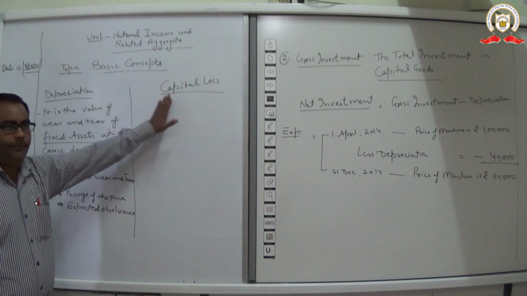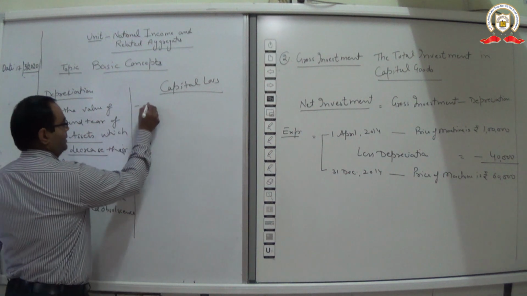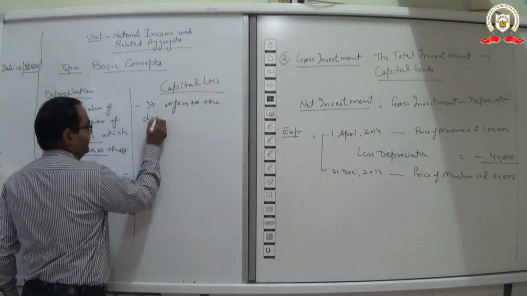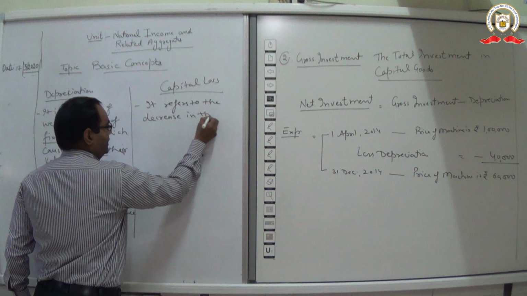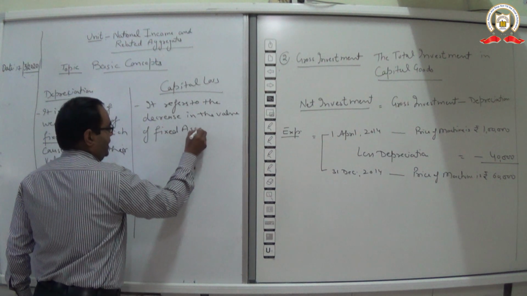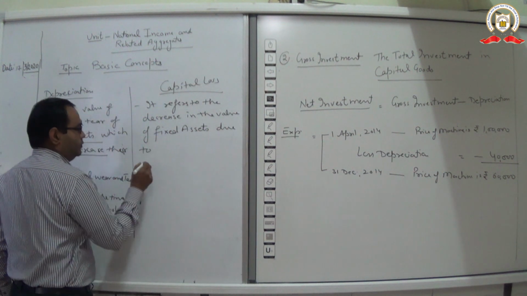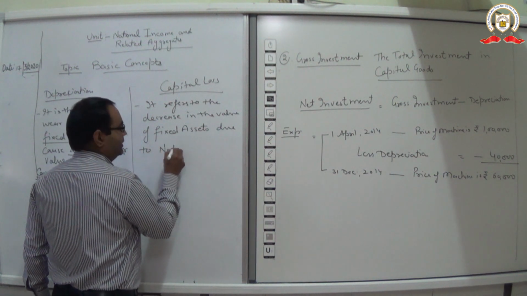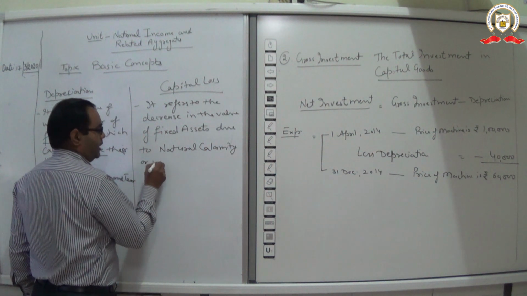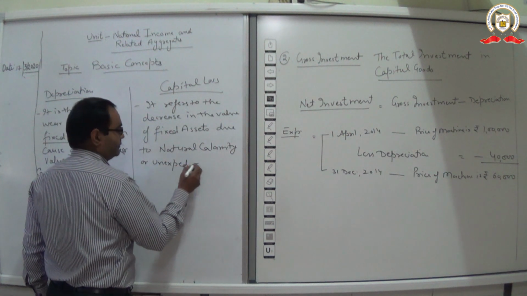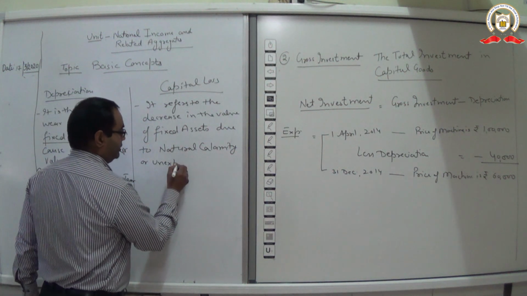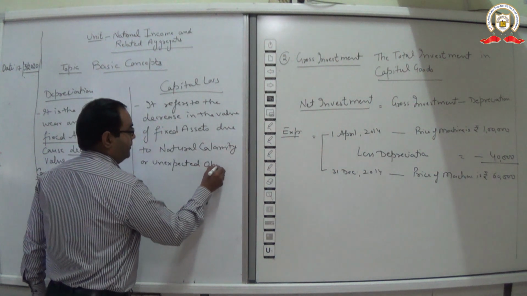But it is different from the capital loss. Capital loss refers to the decrease in the value of fixed assets due to natural calamity or unexpected obsolescence.